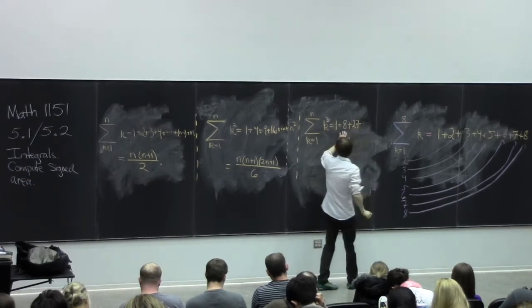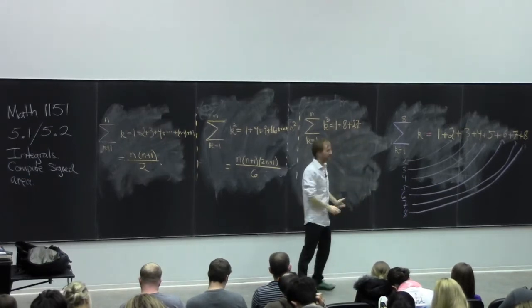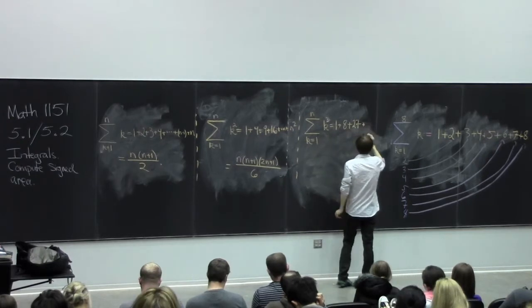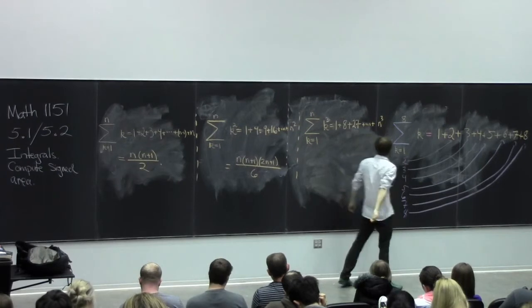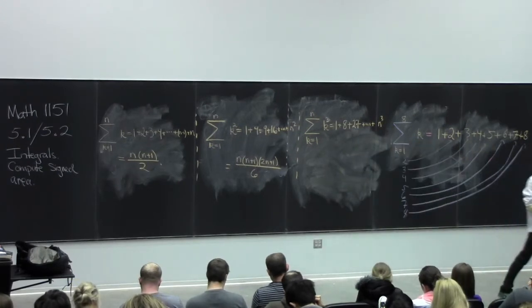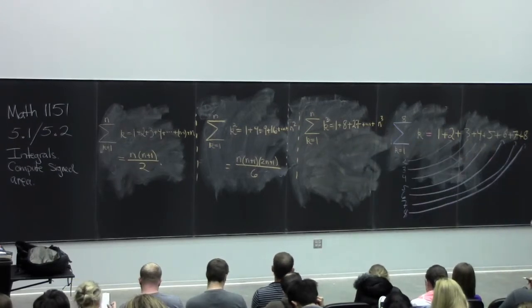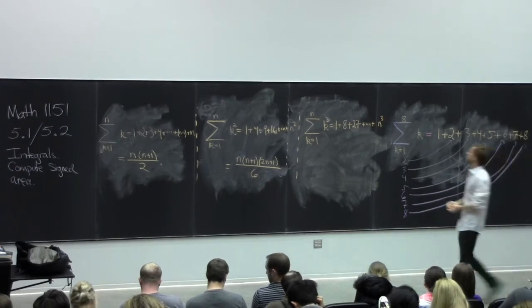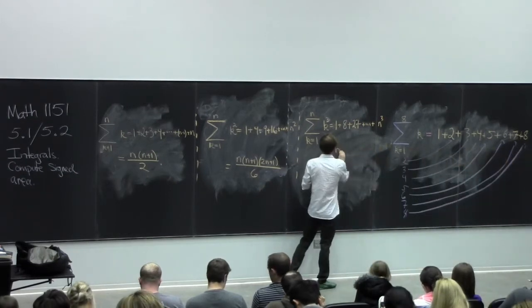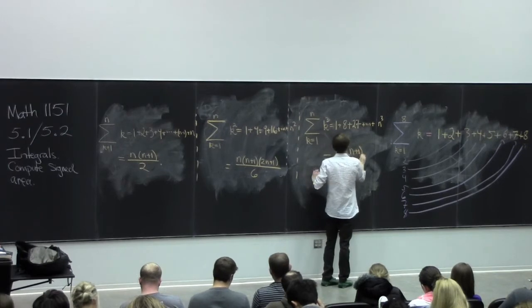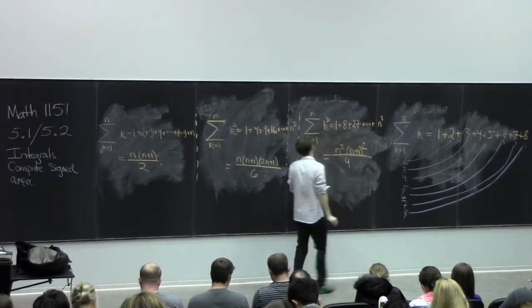You could just write the number cubed if you wanted to, but I wanted to show off that I knew that 3 times 3 times 3 equals 27, plus n cubed. And then this is equal to n squared times n plus 1 squared all over 4.